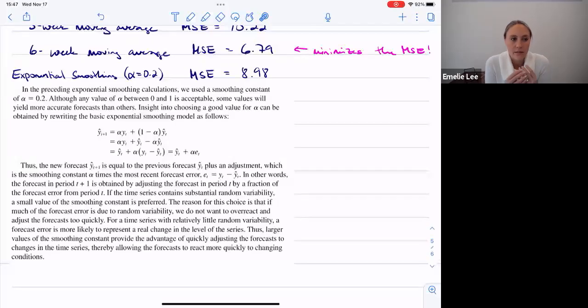So this derivation is not going to be important, but what I'm getting to is how do we decide what a good alpha would be, right? One thing you could do is consider all possible values of alpha. You would map all the values between 0 and 1, and then you would have the mean squared error, and you would pick the smallest one.